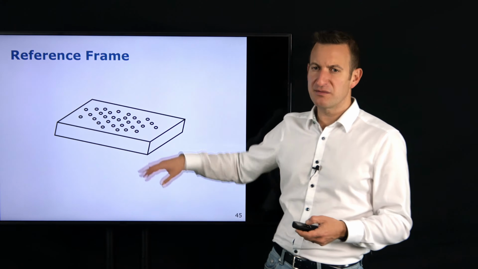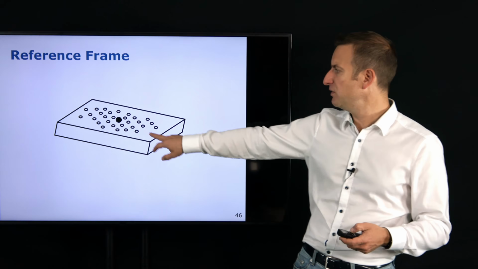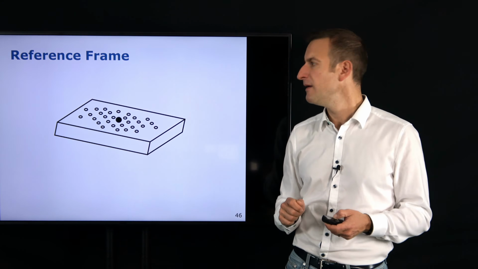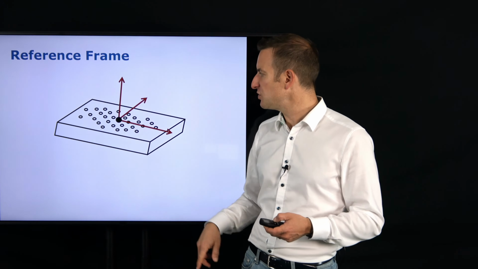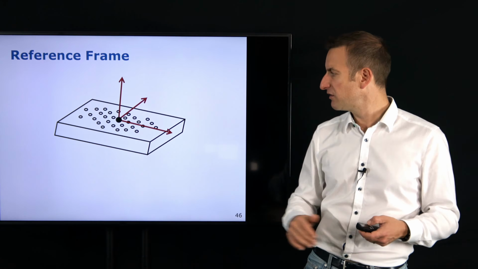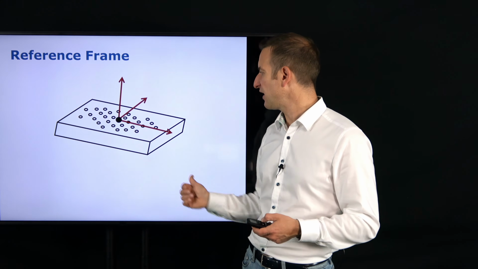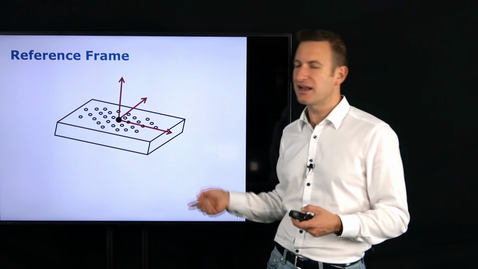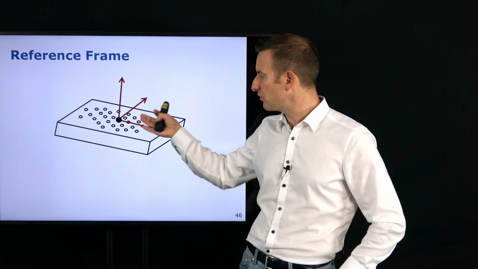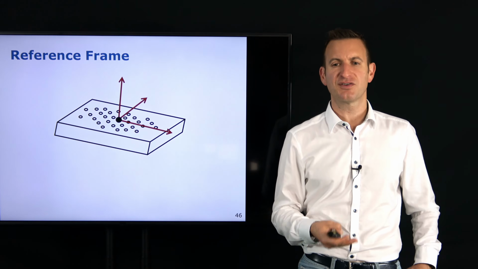So if you see this as the points that you have, you can compute the center of mass of those points and say, I want to fix this center of mass. And then you can say, based on the distribution of the points, you want to define your coordinate system. Let's say the first axis is the eigenvector with the largest eigenvalue, and you take the eigenvectors as your coordinate system.